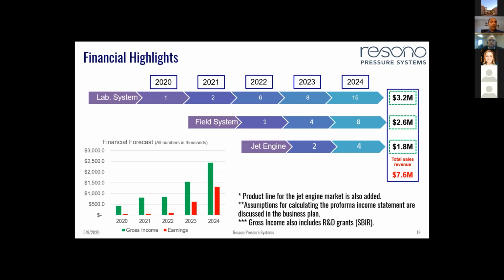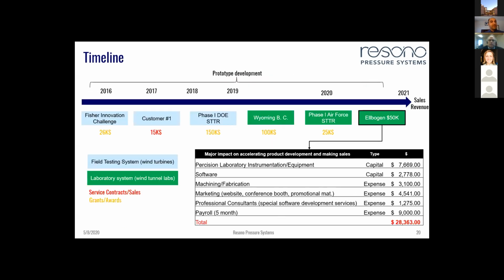In the plot on the bottom left, I have also the gross income and earnings, and these numbers also have the R&D money that we're also anticipating to bring in, for example, like SBIRs. And for more details, please look at the business plan. I have narrowed down all the assumptions that we have made in order to come up with these numbers.